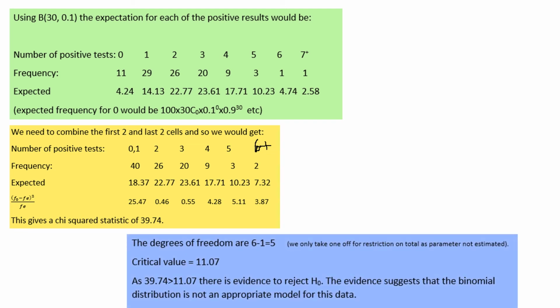And my degrees of freedom, I've got 6, take away 1, because there are 6 groups in the final combined cells, and there are no estimations. The critical value is 11.07, but mine is way more than that. Mine is 39.74, my chi-squared statistic. So there is evidence to reject H0. There is evidence that the binomial distribution is not appropriate for this data.